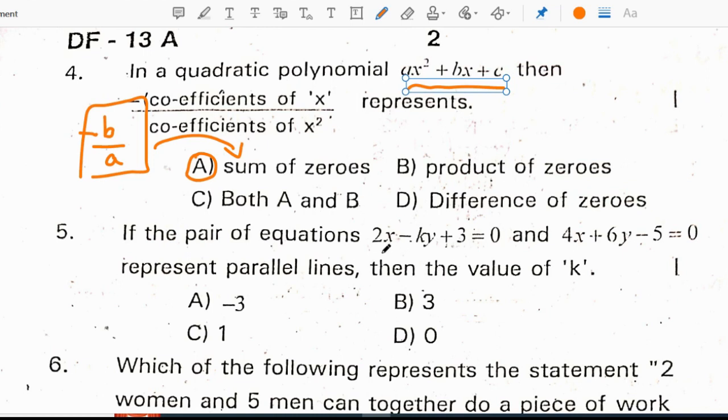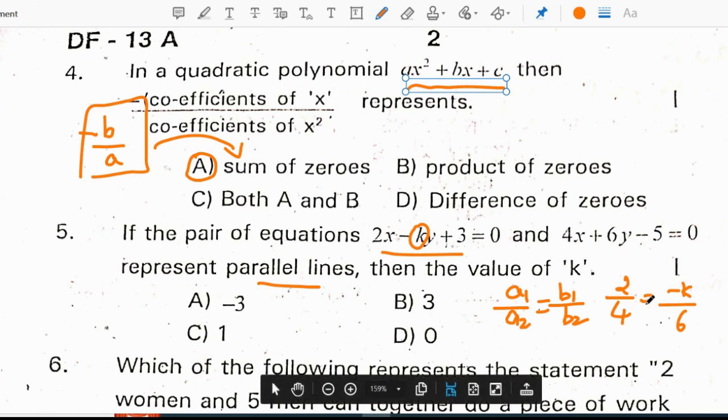With a pair of equations 2x minus ky plus 3 is equal to 0 and 4x plus 6y minus 5 is equal to 0, they represent parallel lines. Then find the value of k. In the place of k, there will be one number we need to find. If the lines are parallel, we need to take the condition a1 by a2 is equal to b1 by b2. Here a1 is 2, a2 is 4, so 2 by 4 is equal to b1 by b2, minus k by 6.